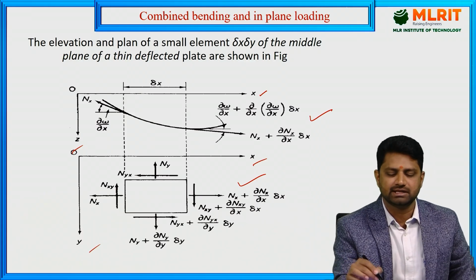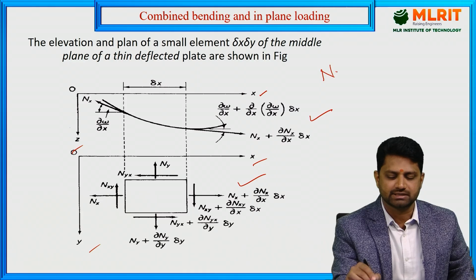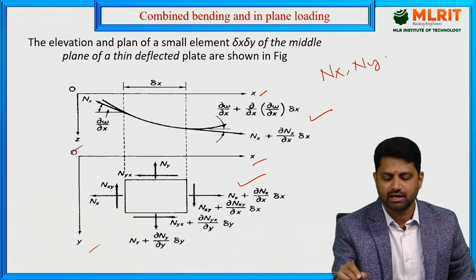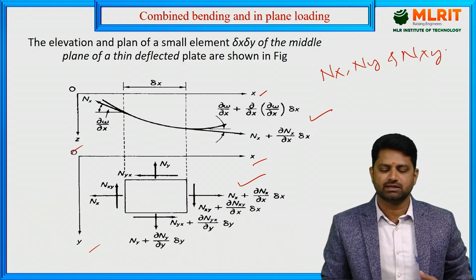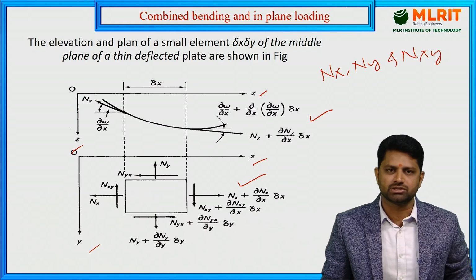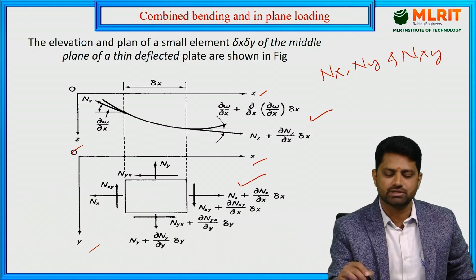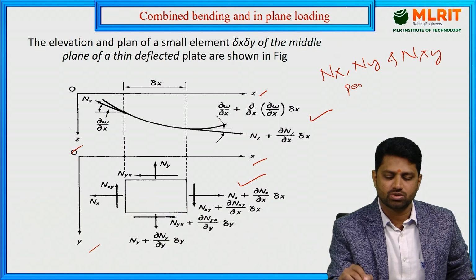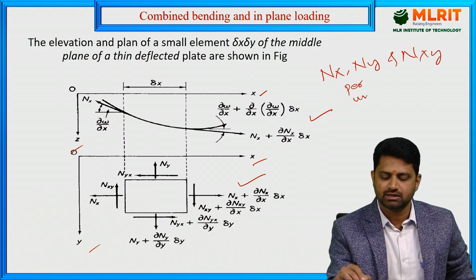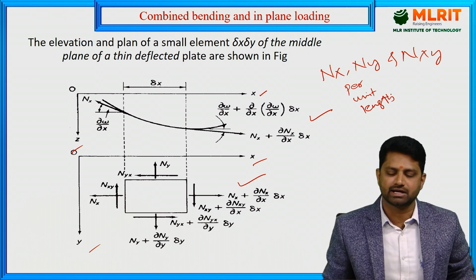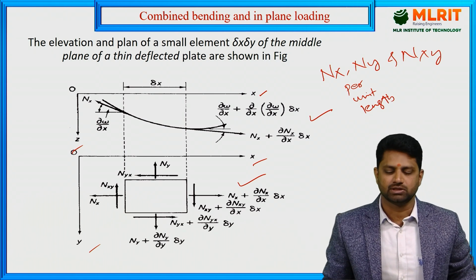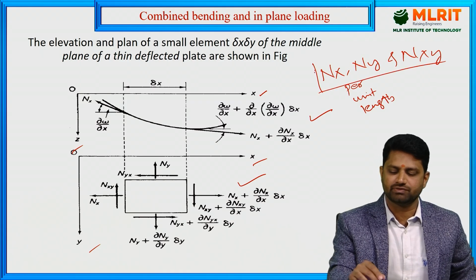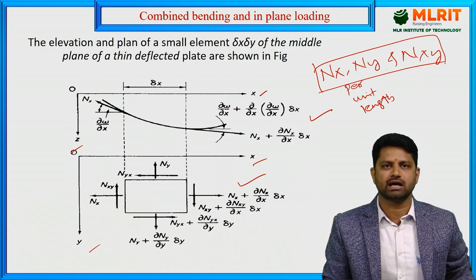We designate these in-plane loads as NX, NY and NXY, where NX, NY and NXY are the direct and shear in-plane loads per unit length. Always remember that NX is taken per unit length. Similarly, NY is the in-plane load in the y direction per unit length, and NXY is the shear load per unit length. These are the in-plane load notations: capital NX, capital NY and capital NXY.